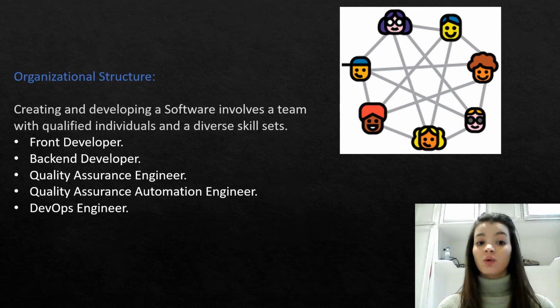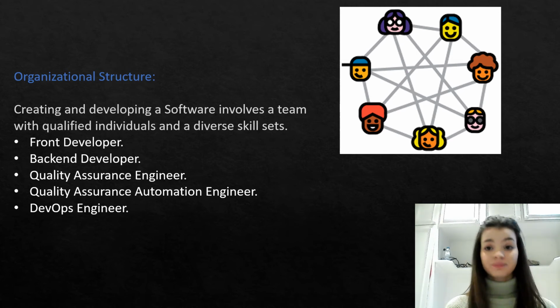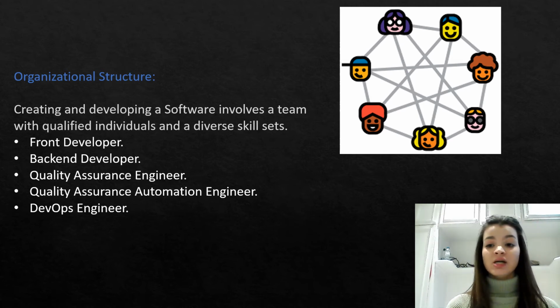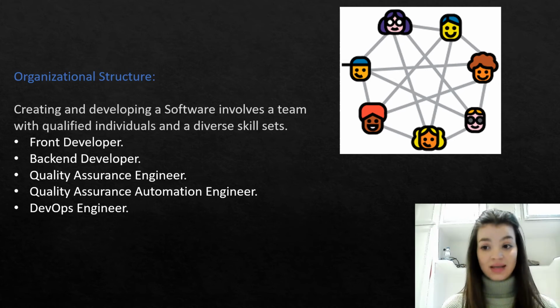And coming to the quality assurance engineer, the quality assurance engineer is responsible for making sure that the software is bug-free and has adequate support across all devices and meets all the requirements. And there we have the quality assurance automation engineer, where this person is going to be in charge of automated test models, programs that run in the background and constantly test the software.